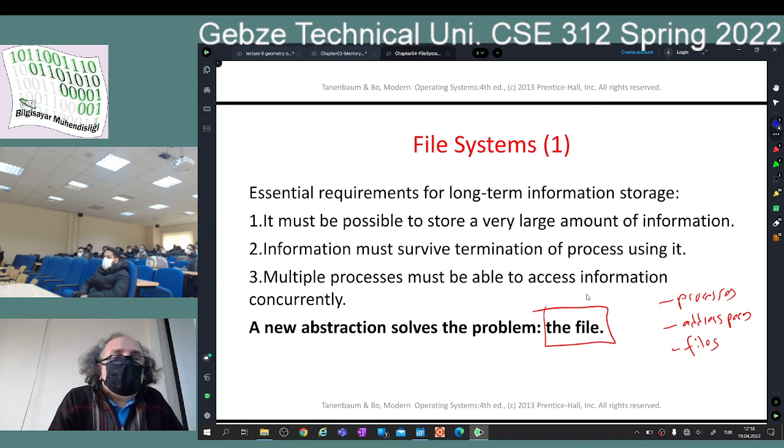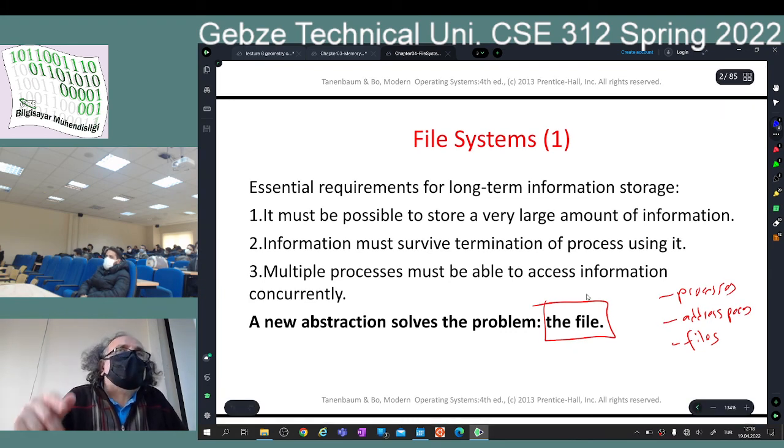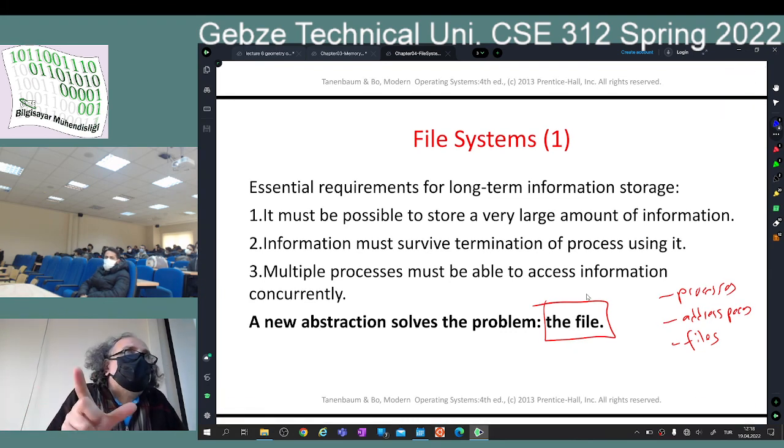And the idea is very similar to memory, actually. With segmentation, we divide our memory into small segments, and the user makes that decision. The file is the same thing. We divide our secondary storage into files. Each file starts from address 0 to some large number.